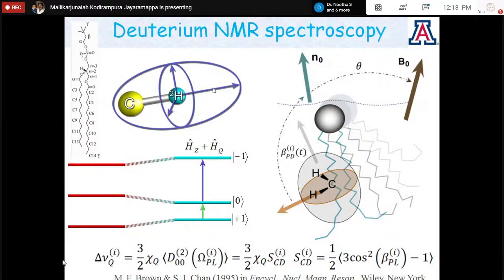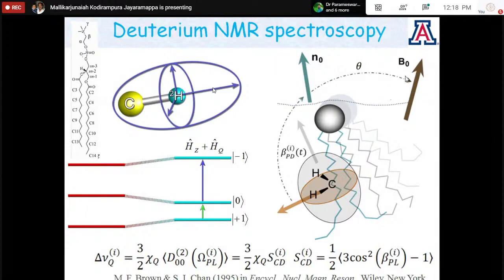Just for completeness, the difference between two peaks that we get from this deuterium NMR is related to the angle that the carbon-deuterium bond makes with respect to the laboratory frame, comprising all these motions. We use group theory here.